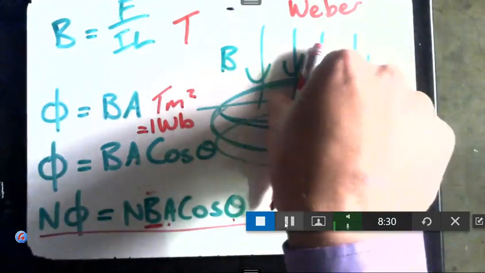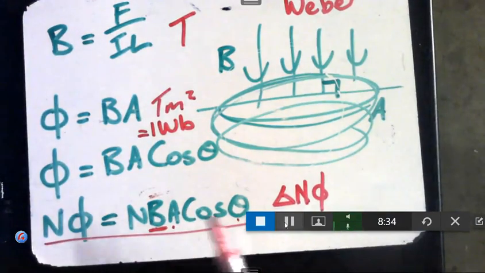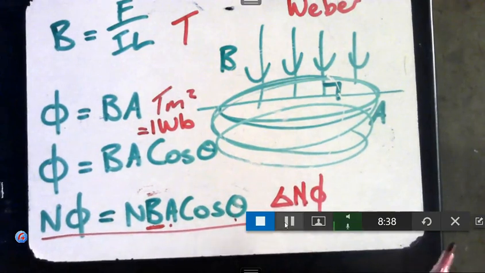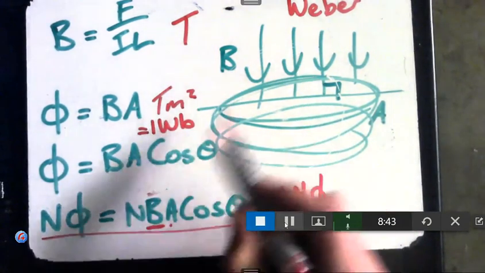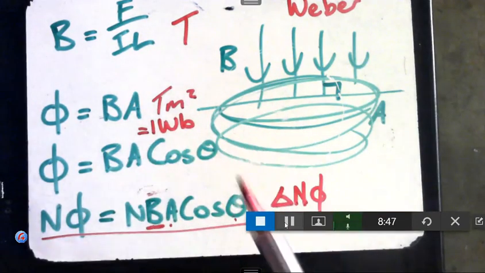Or they rotate your coil inside your magnetic field, and that's exactly what they do in a generator. Not the area, but the angle between the magnetic flux and the surface area of the coil.